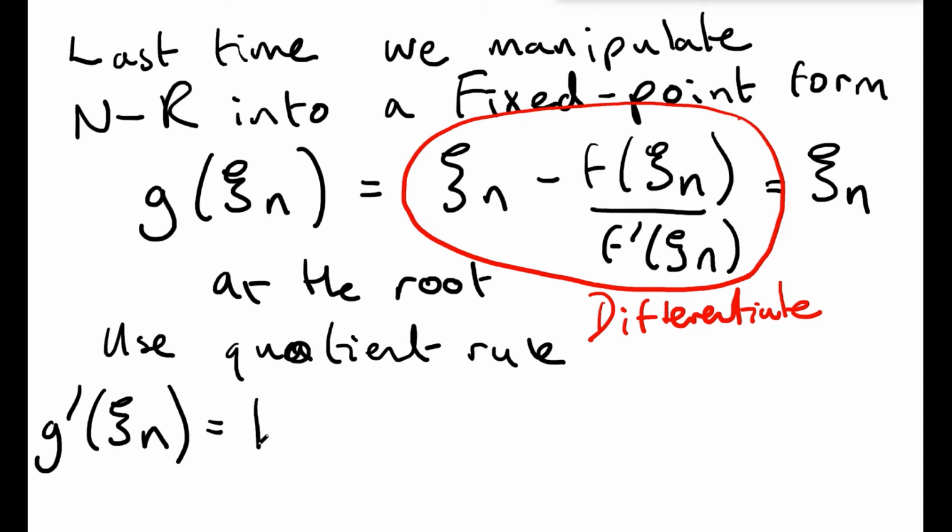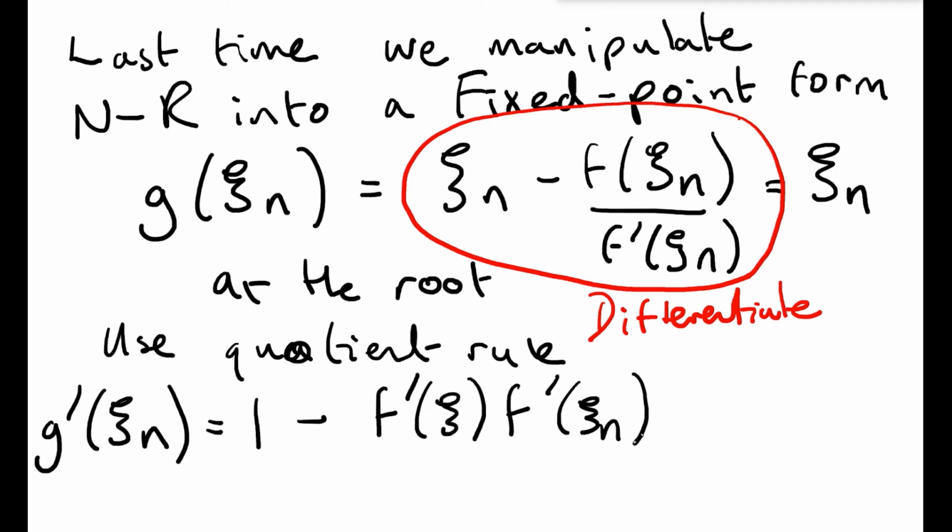So differentiating psi n just gives us 1, and then we use our quotient rule, so we get v du by dx essentially. So that u is f of psi of n.